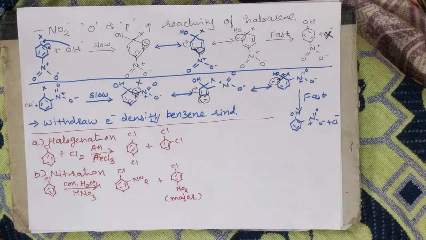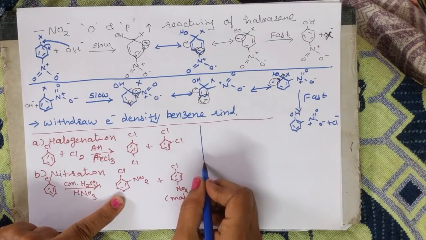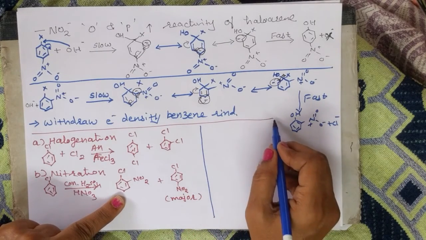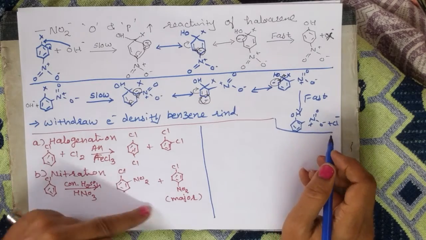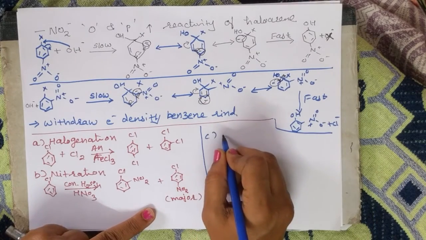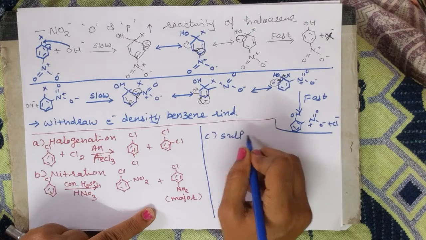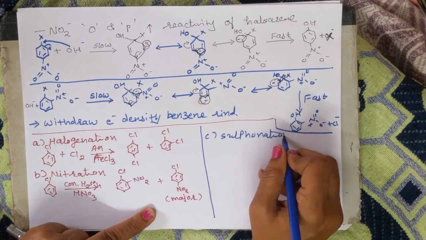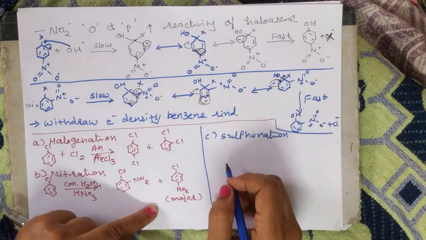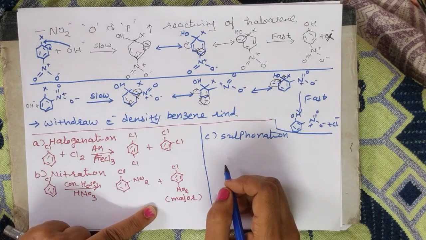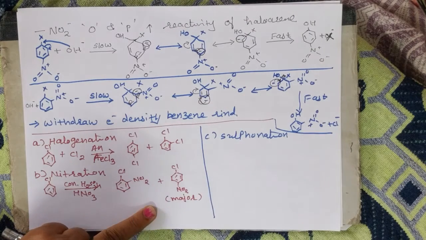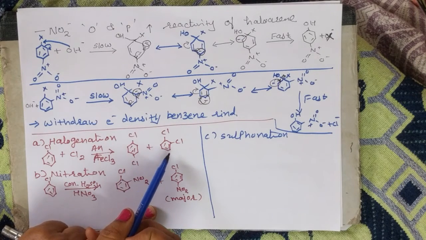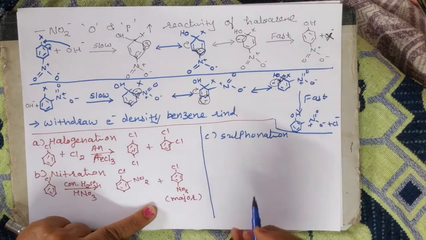Next we'll go with sulfonation. In this, all you have to keep in mind is that 1,4 is the major product. Here you will always get a mixture of 1,2 and 1,4, and the para position product is always your major product.